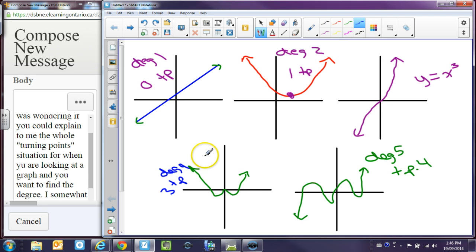But the regular graph, just the regular y equals x squared, actually looks like this. It passes through zeros, but it's like a flat-bottomed parabola. So it really just has that one turning point as well. Okay, seeing the turning points and understanding that there's a maximum number is valuable, but there isn't really a good rule as to how many there should be.